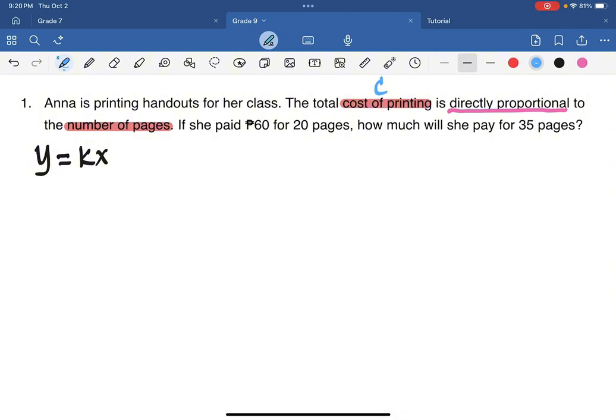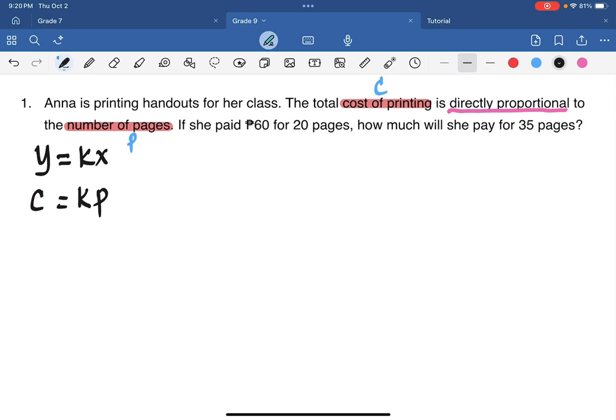So let's try this one without relying too much on y and x. Here we have c equals k, again we still need to use k because k is the constant of variation. So c equals k times p, or c varies directly as p.